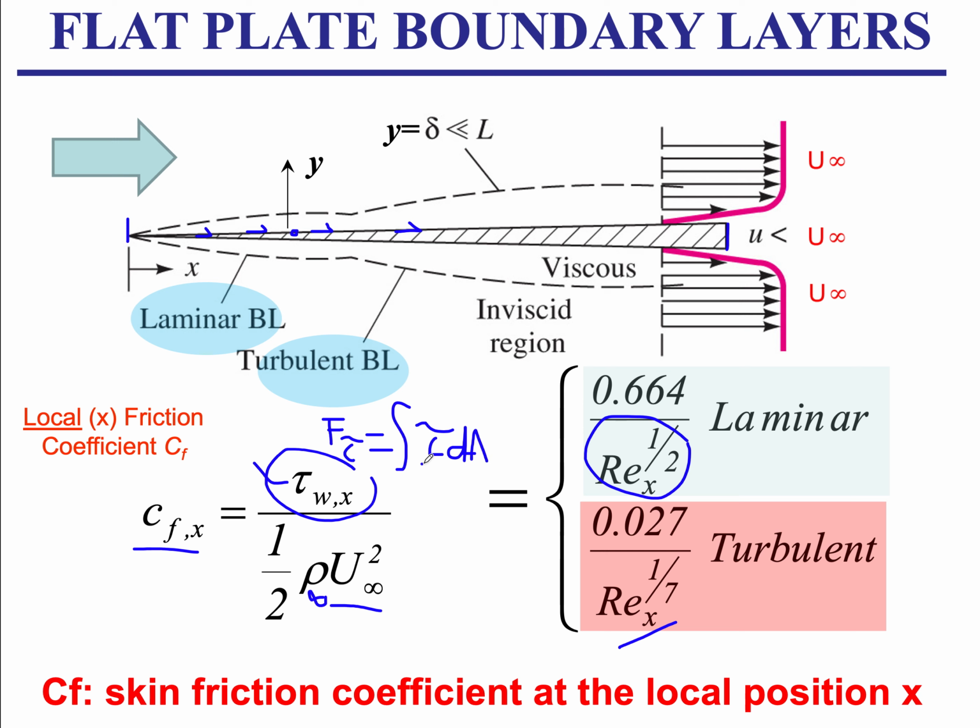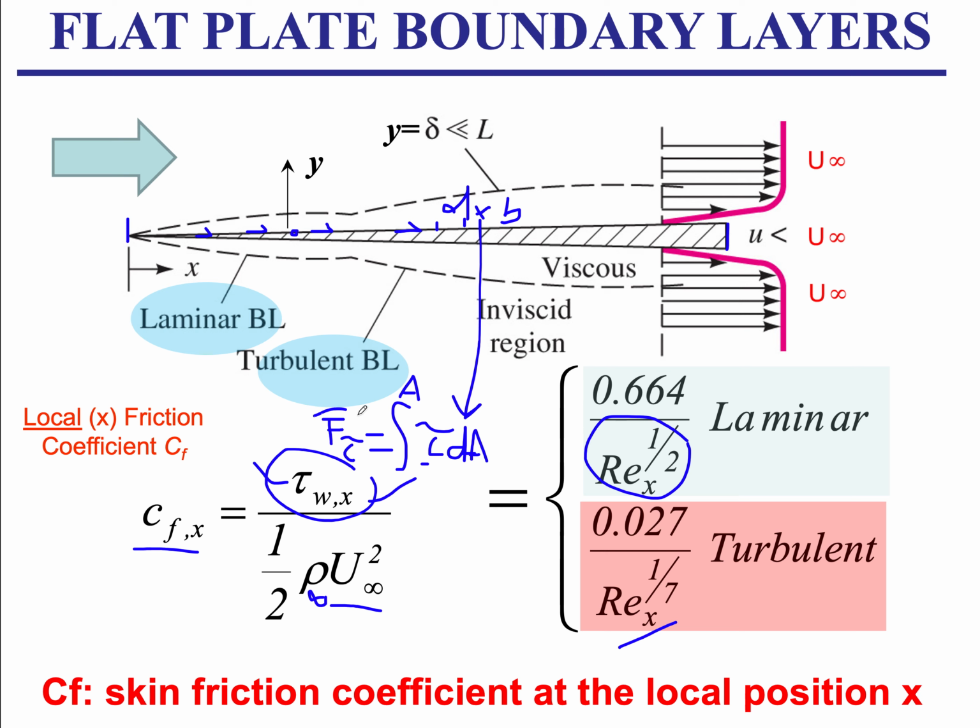Stick it in here, and what is the dA? It is this dx multiplied by the width into the page, which is b. Remember the pi d of the fuselage of the cylinder. So you stick the tau wall here, you stick the dA, which is dx times b, right over here. So Reynolds number has x in it, so you get a relationship with x. And you integrate over the whole area of the plate from x equals 0 to x equal L.